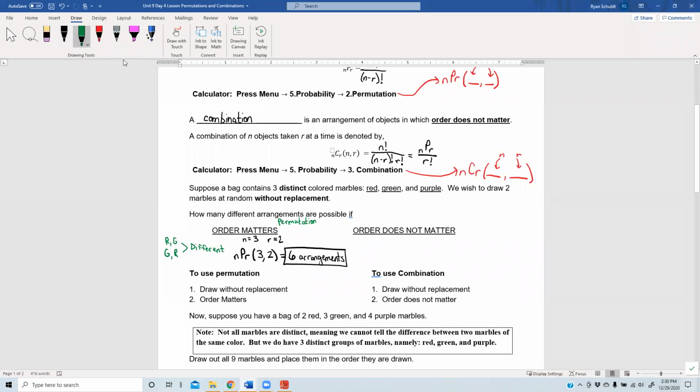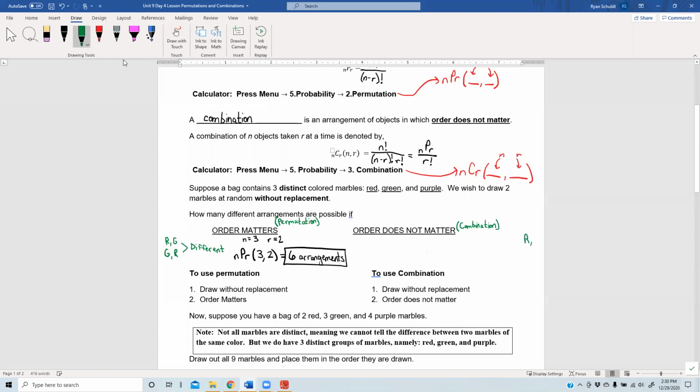Now, let's say order does not matter. If order does not matter, this is a combination. So first we had permutation, then we had combination.